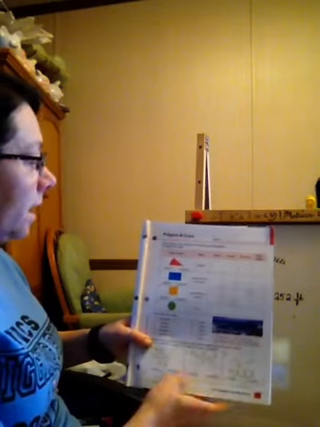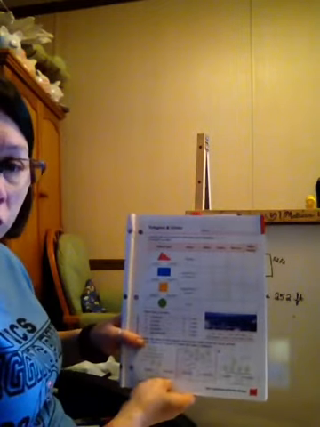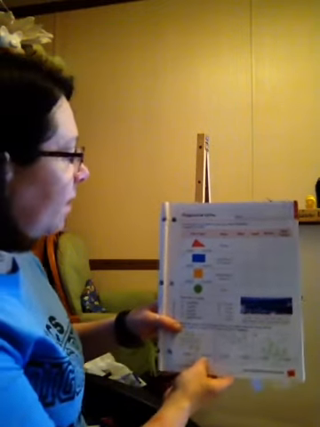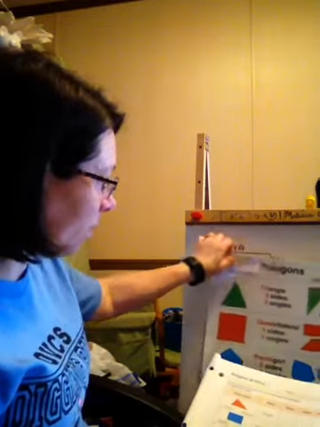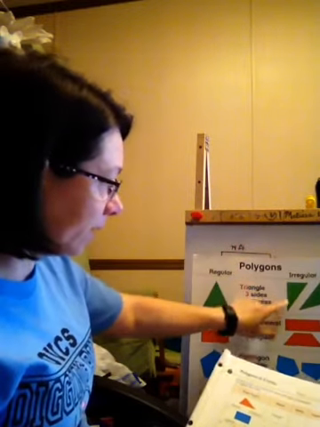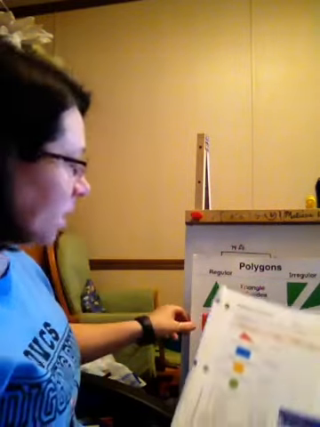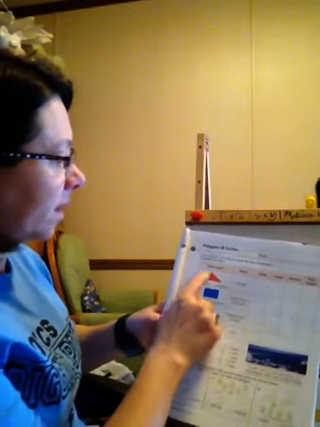Well, it says the name of it is a triangle. Now, is this triangle regular, which means all of the sides are equal, or is it irregular and the sides are not equal? Well, when we look at this, we see that it's irregular. So, you need to circle irregular.